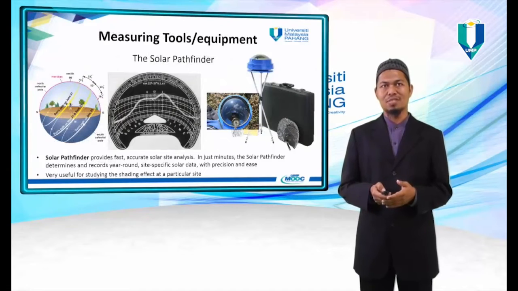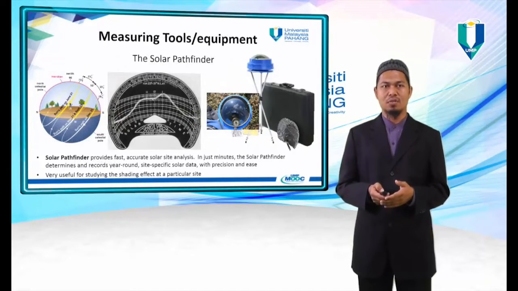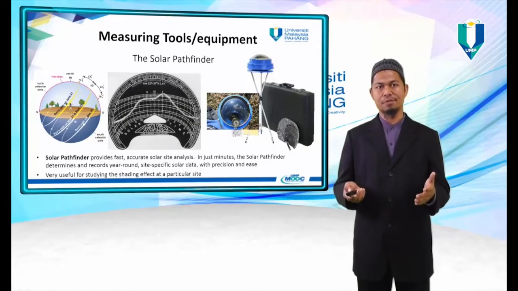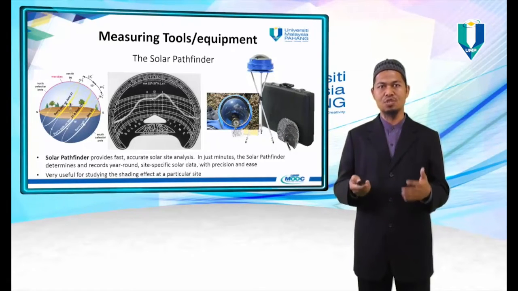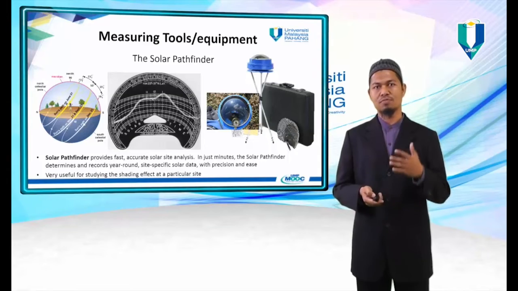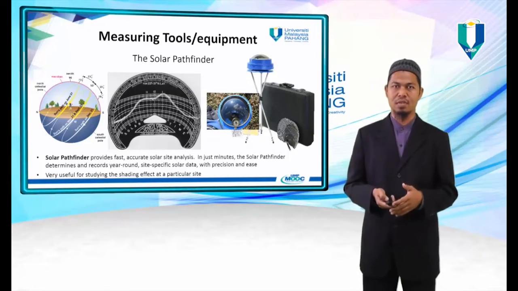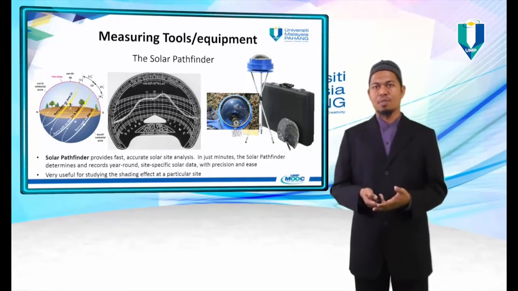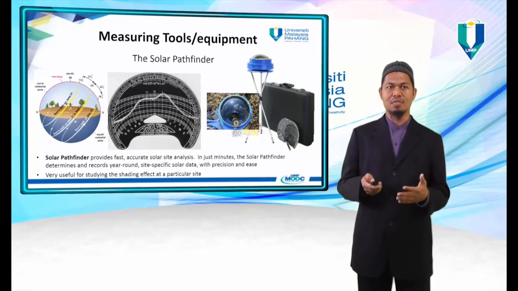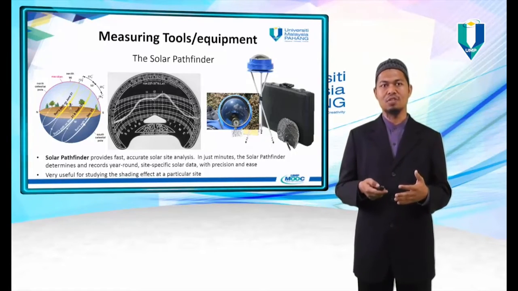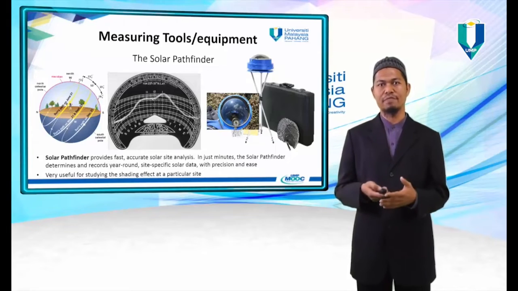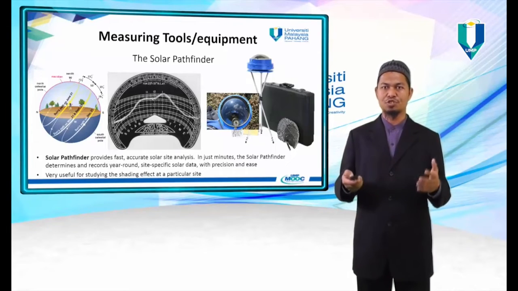Another important measuring tool is the Solar Pathfinder. It provides very fast, accurate solar site analysis. In just a minute, the Solar Pathfinder can find and record year-round and site-specific solar data with precision and ease.